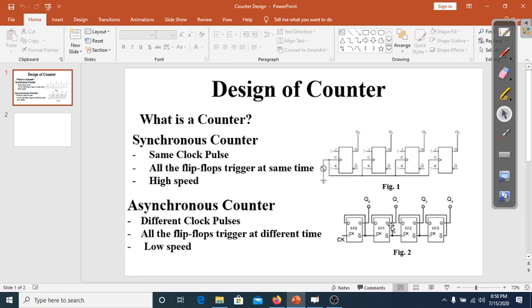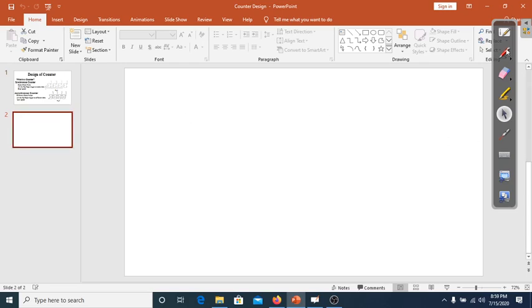Now let us talk about binary counter. Sorry, I'm talking about the binary counter.